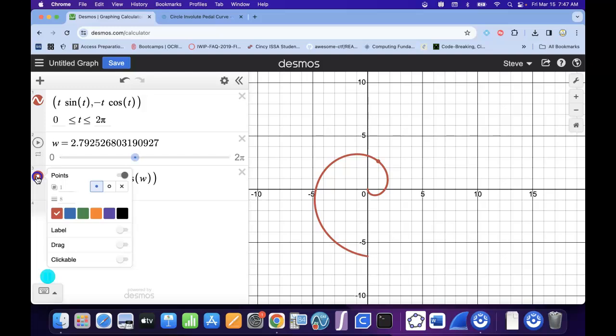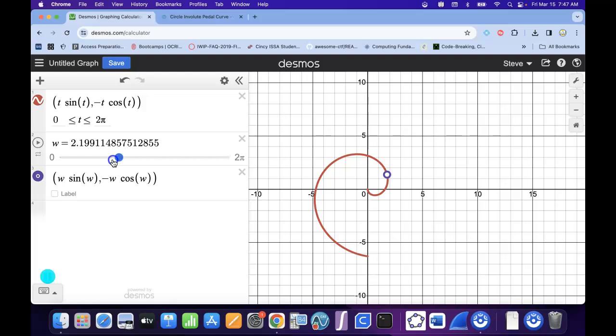So I long press on that dot, and I'm going to change the size to say 15, and maybe I'll change the color to a purple color. And maybe I'll change the style to an open dot so we can see where it is. So as I drag my slider, that point moves all the way around that curve.